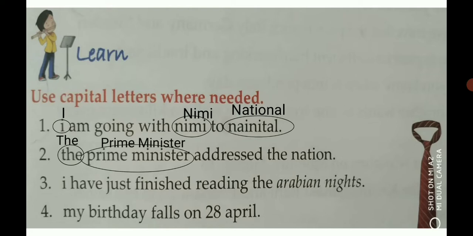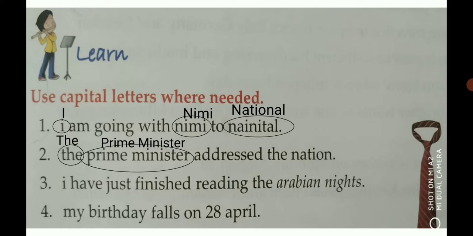Okay, let's move on. Third sentence: I have just finished reading the Arabian Nights. How many changes will there be in this sentence? You have to observe all the nouns and pronouns in the sentence and think about it.